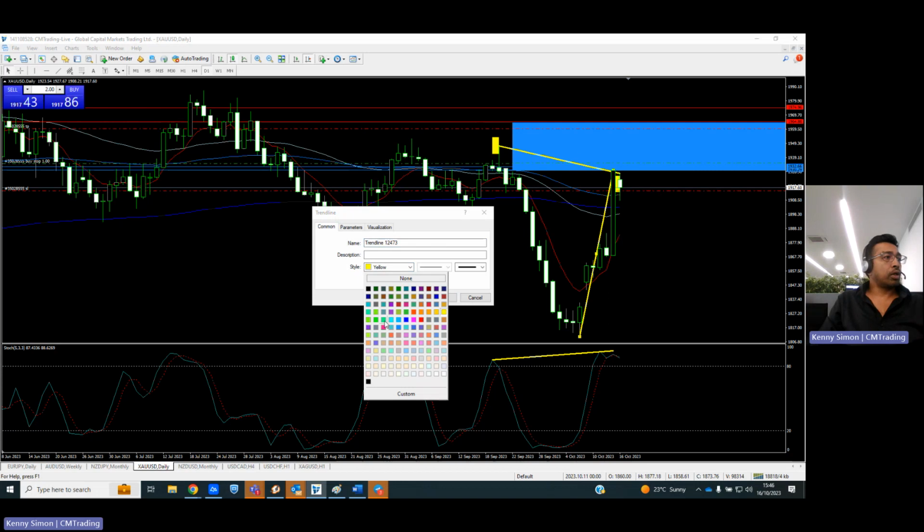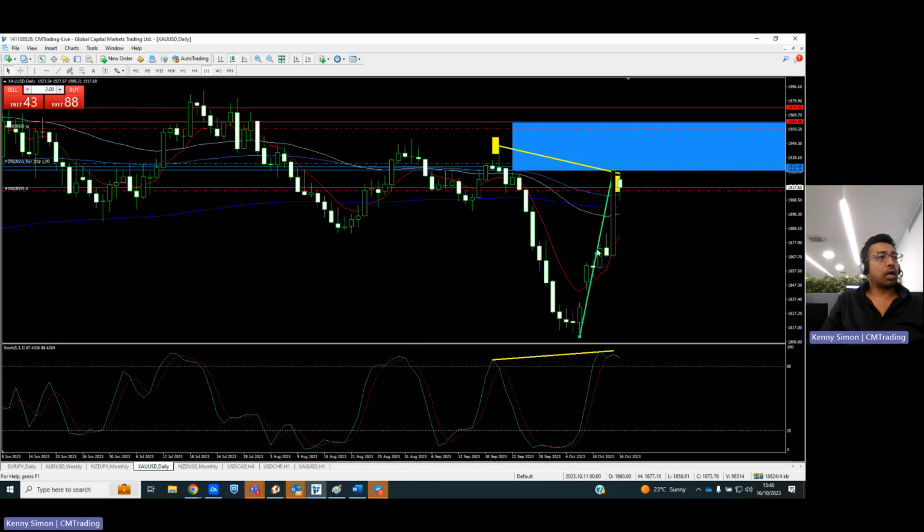Let me just change the color a little bit. So we've got an upward movement of these candlesticks. What is expected because of the mismatch, or divergence, is for this movement to start moving downwards. So on the daily chart we expect a reversal.